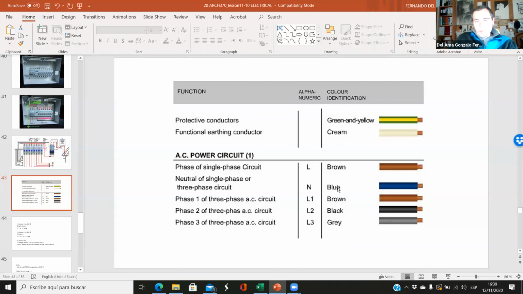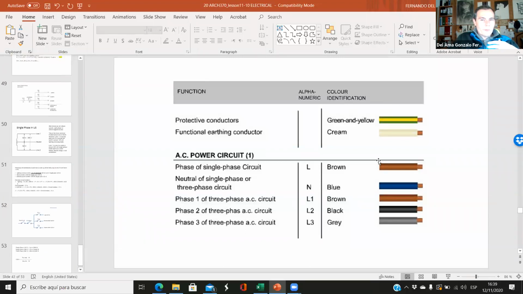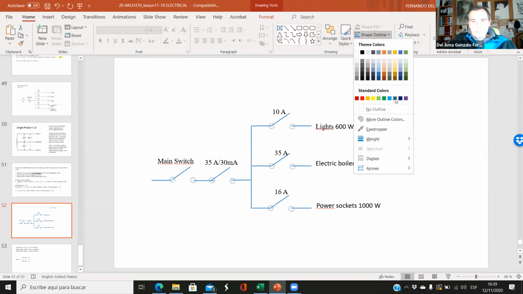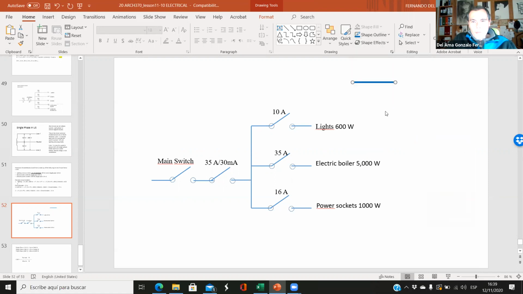The neutral is blue, and usually we take for granted that there will be an earthing circuit, but in this single line diagram we don't represent the earthing. So if we have the blue one, this is the neutral.